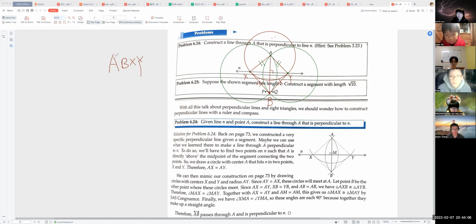Why? Because for a quadrilateral, if every side is the same, there are only two possibilities: one is a diamond, and the other is a square. Correct, everybody? With a quadrilateral where every side is the same, the only possibilities are a diamond and a square.